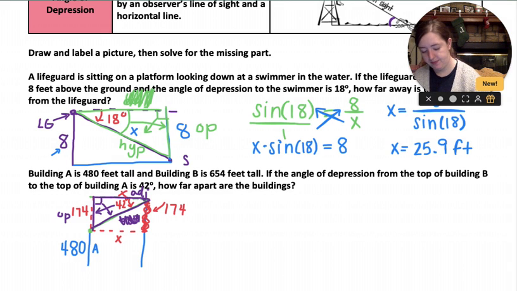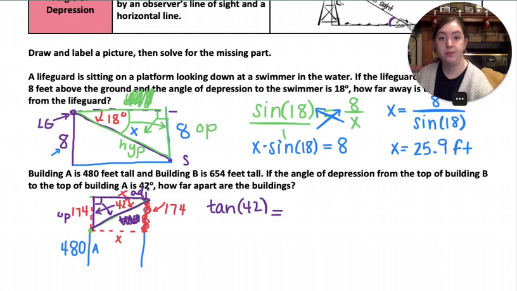Yeah, tangent. So we have tangent of our angle, which was 42, equals opposite over adjacent, 174 over x.